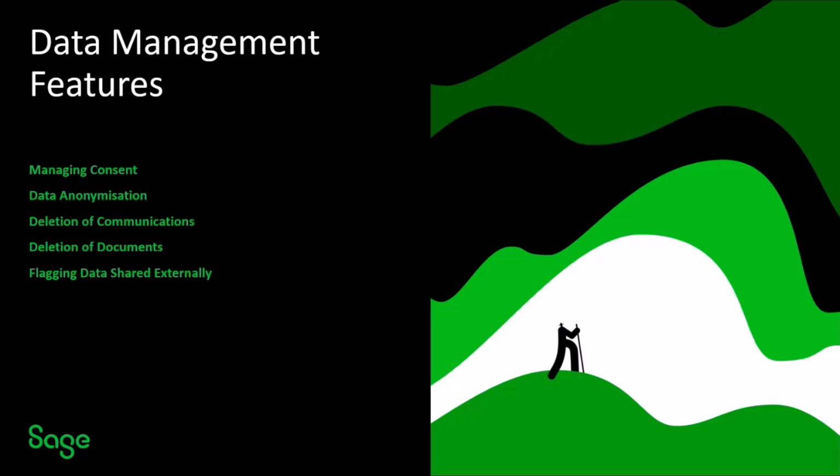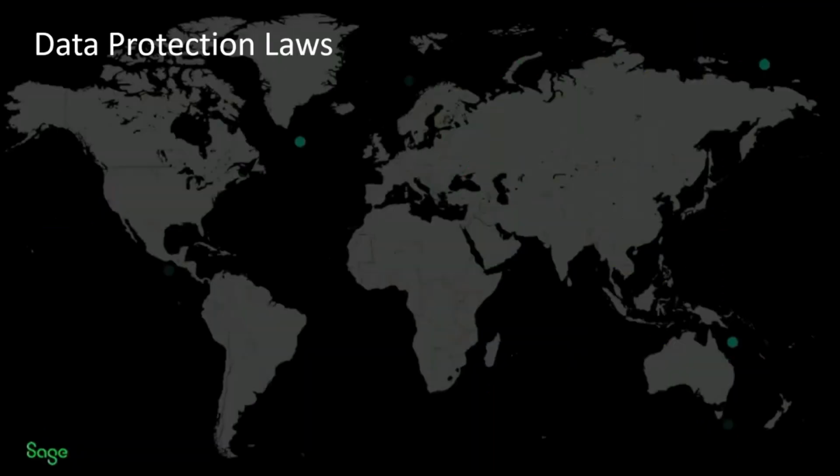There's a whole set of different responsibilities that the different data protection laws around the world place onto an organization. There are different laws that apply in different countries to protect the privacy and personal data of individuals.